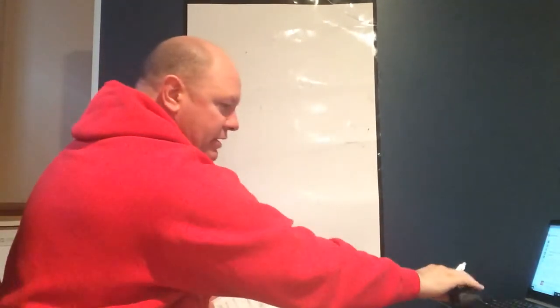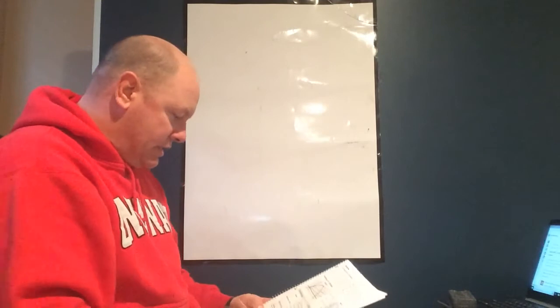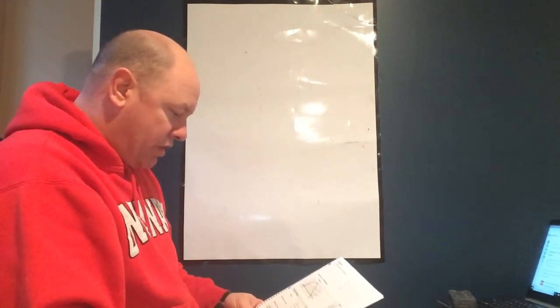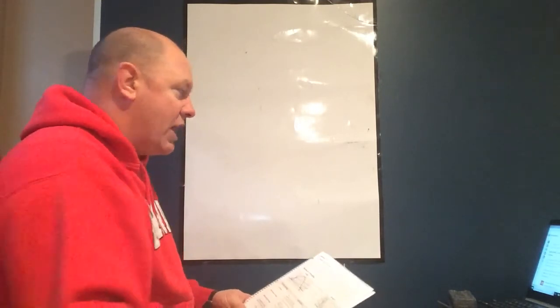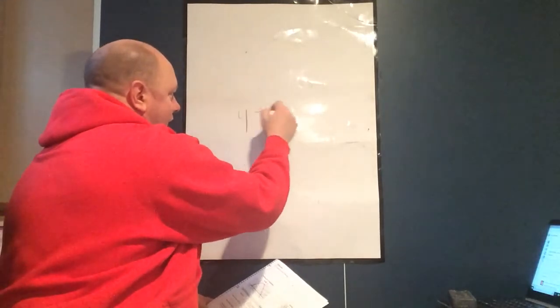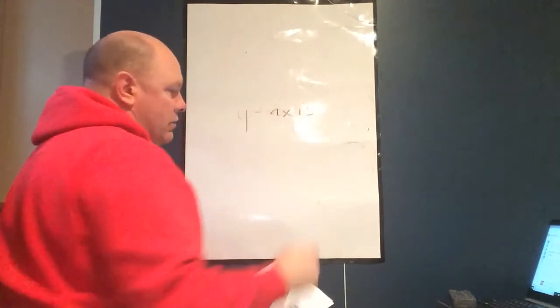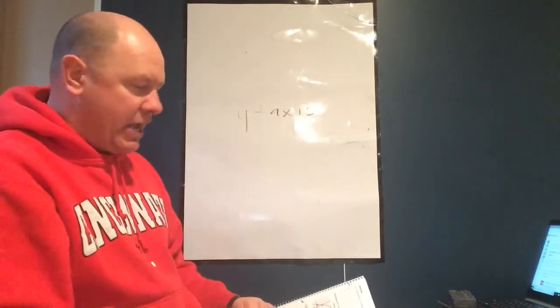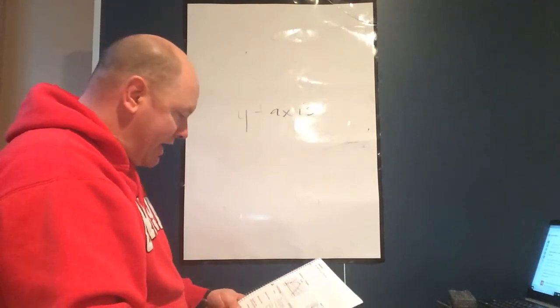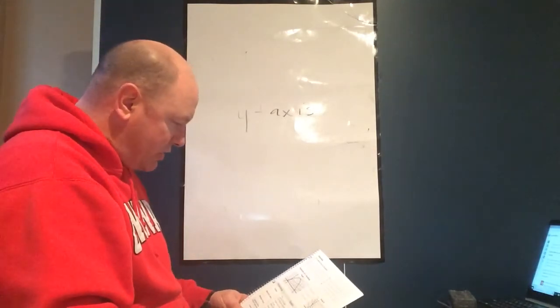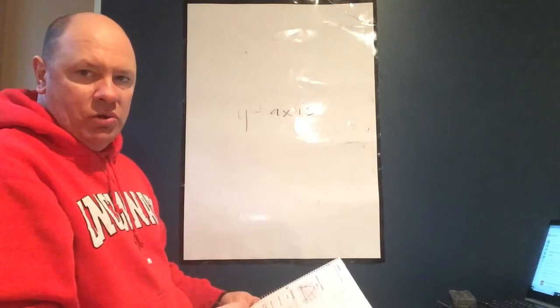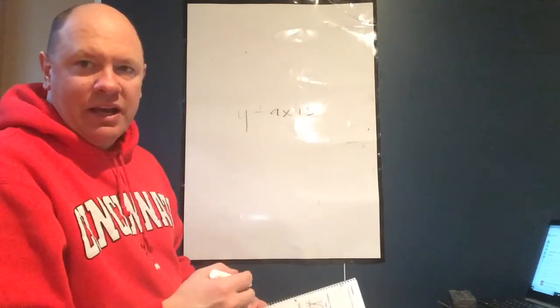The next part we're looking at is the y-intercept, the point where the parabola crosses the y-axis. My markers are drying up here. If you look at the y-axis on the first one, it's just above the 2. If you said 2, that's fine.